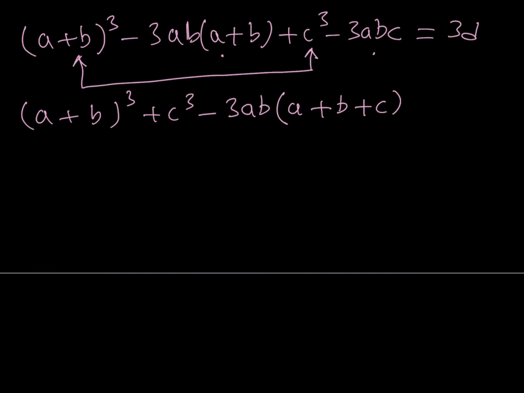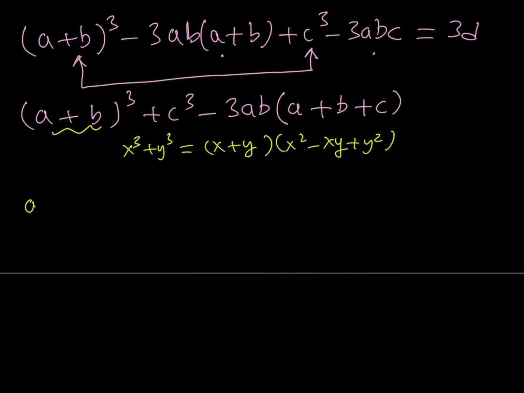Okay. Now, what can I do with (a plus b) quantity cubed plus c cubed? Well, notice that it is a sum of two cubes. So I can actually factor it, and remember that x cubed plus y cubed can be factored as (x plus y) times (x squared minus xy plus y squared). That's what I'm going to use. In this case, x becomes a plus b and y becomes c.